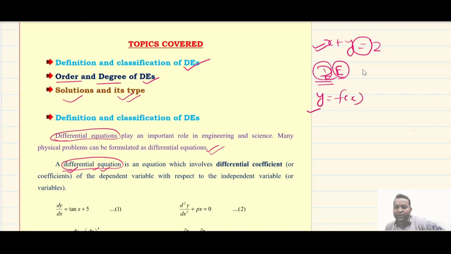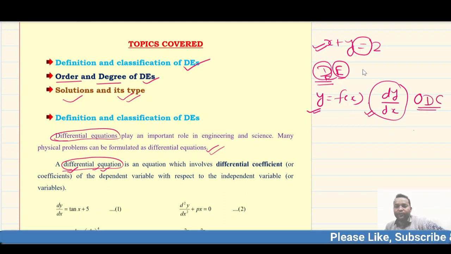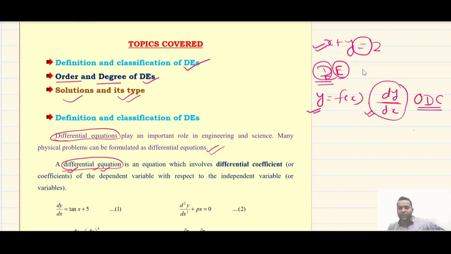If we differentiate this function with respect to x, then we obtain the first order derivative, which is denoted by dy by dx, and is known as the ordinary differential coefficient. An ordinary derivative exists when the given system involves a single independent variable only.